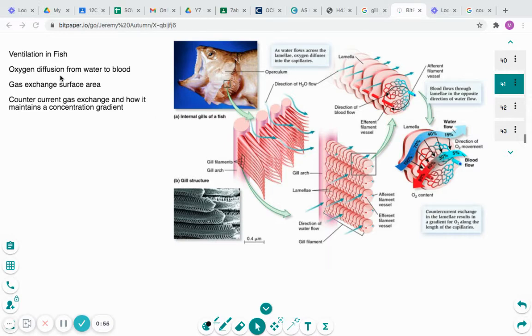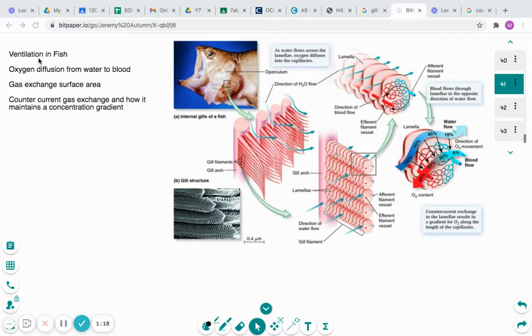We've got to just think about this idea of ventilation first. So we have our own version of ventilation, and ventilation is the ability to provide a fresh supply of something being oxygen rich. So we have oxygen rich air. How are they going to make sure they've got oxygen rich water?